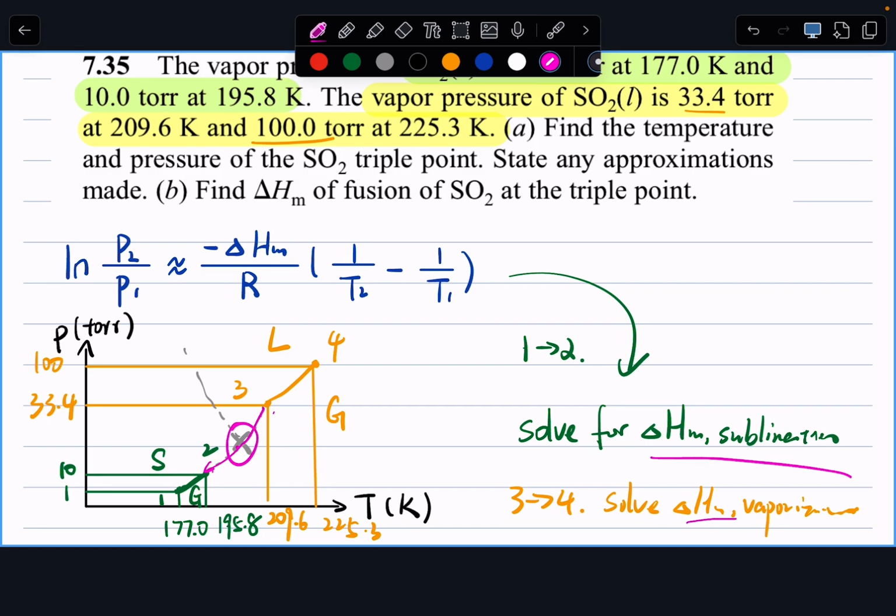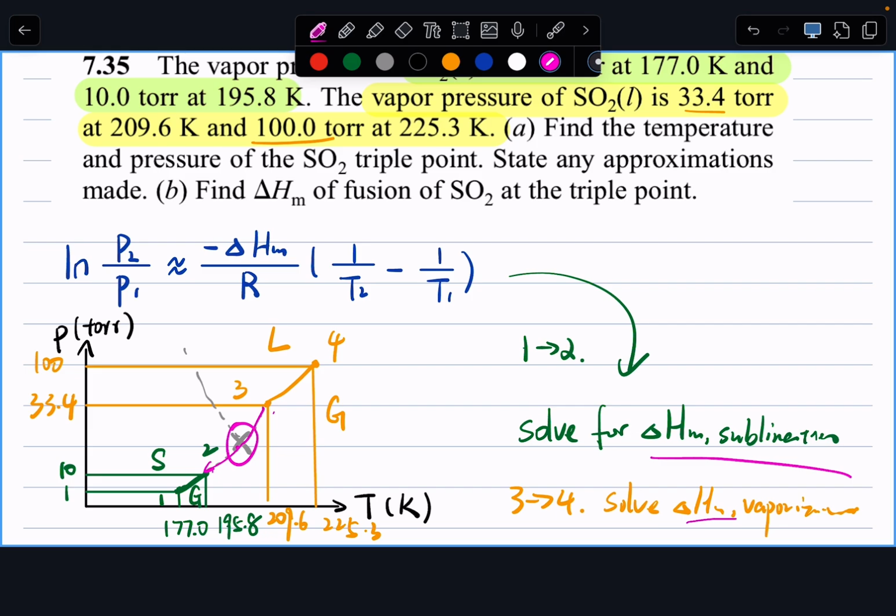So that's step one. Step two, now we're focusing on my point 3 to 4 to solve for the molar enthalpy of vaporization. So the same equation here, right? In this case, we're looking at the natural log of 100 over 33.4, roughly equal to negative delta vaporization molar enthalpy over 8.314, times 1 over 225.3 minus 1 over 209.6.